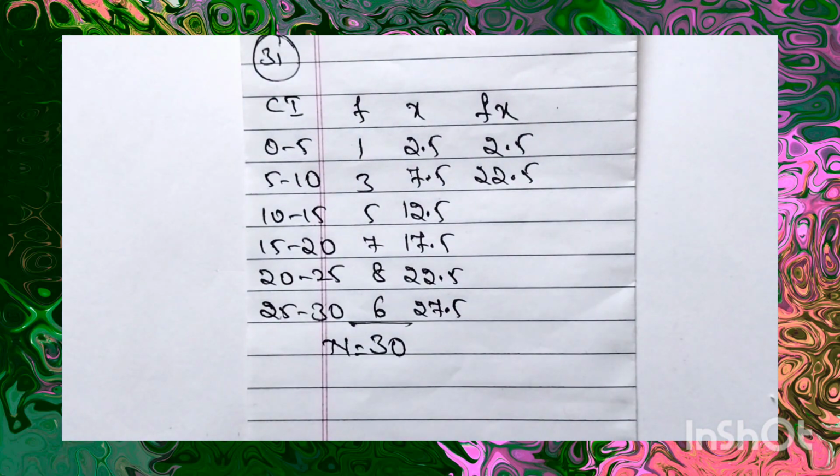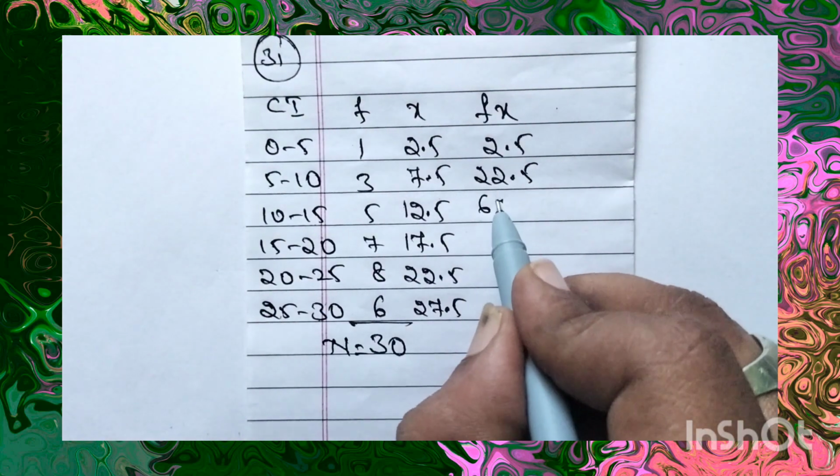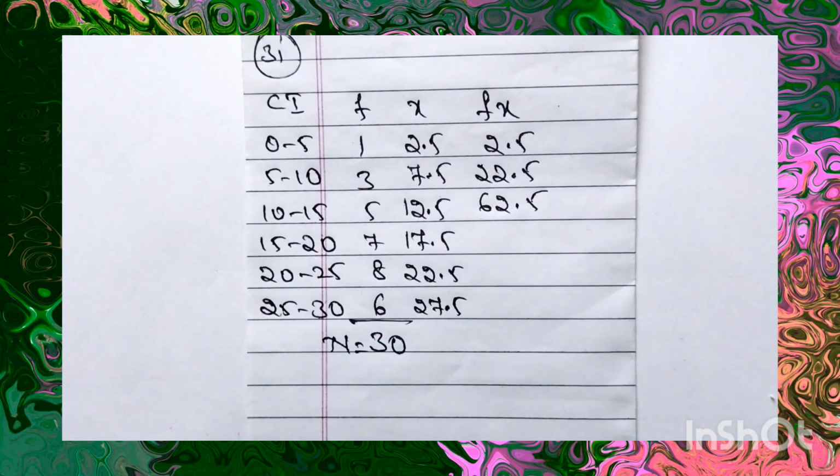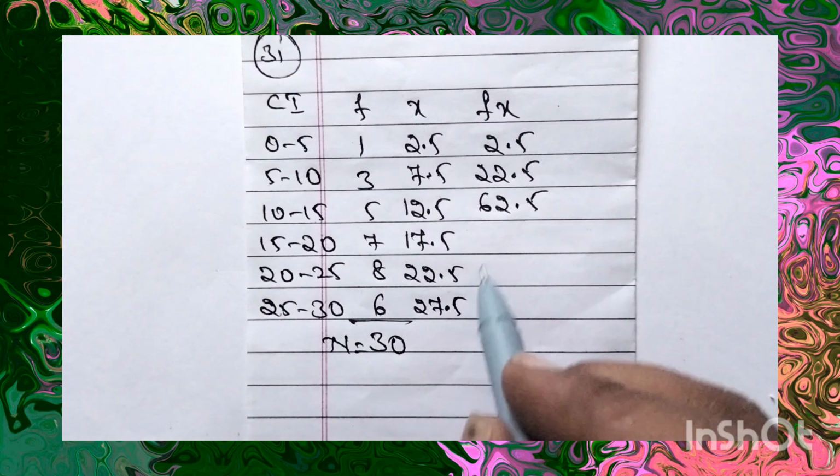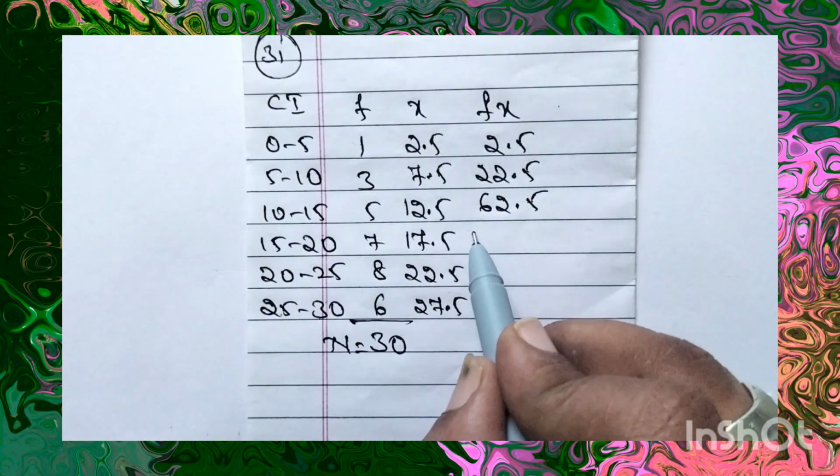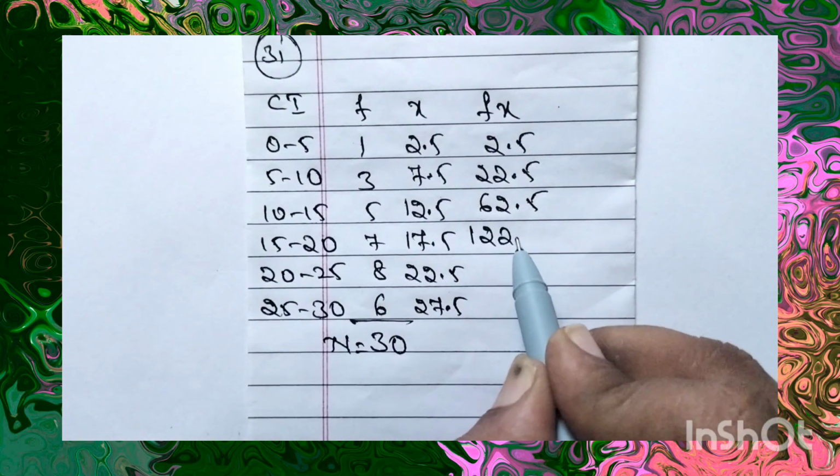Then 12.5 multiplied by 5 gives 62.5. Then 17.5 multiplied by 7 will become 122.5.